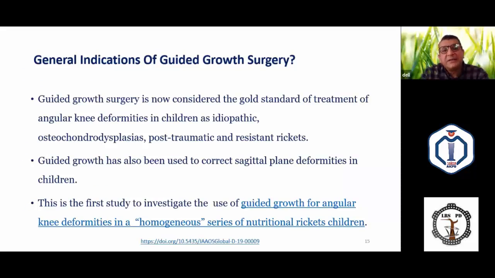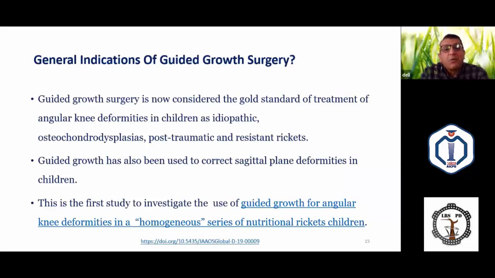But what are the indications of guided growth? In which type of patients and pathologies can we use guided growth? Actually, guided growth has become the gold standard for treatment of angular knee deformities in children.